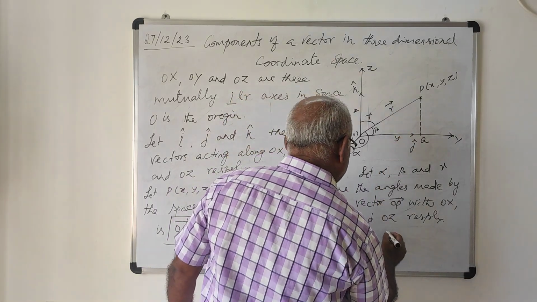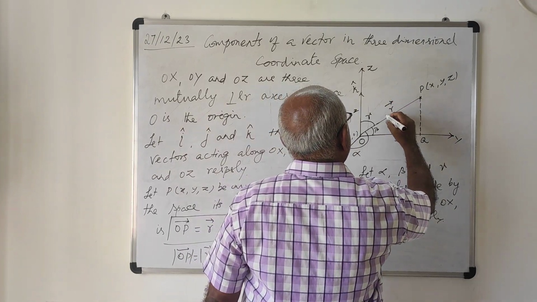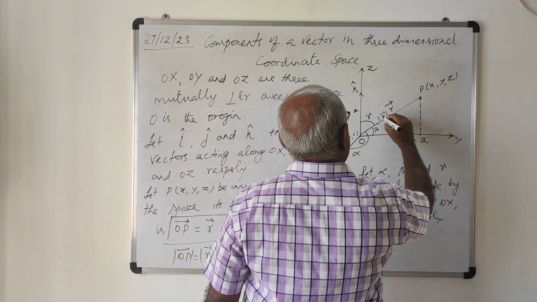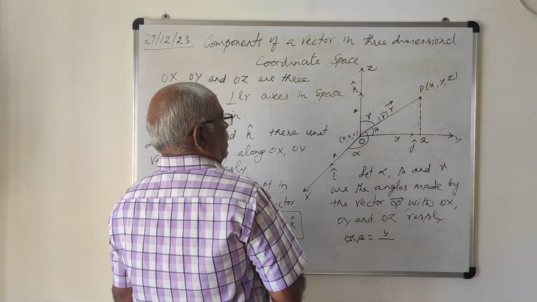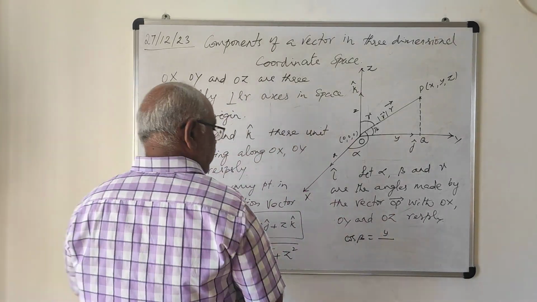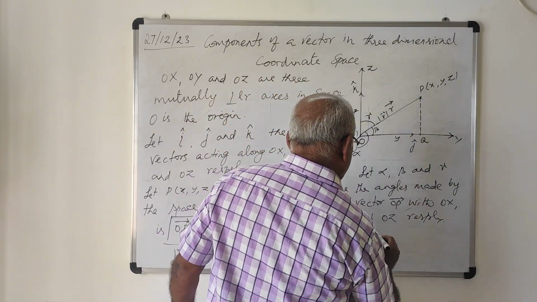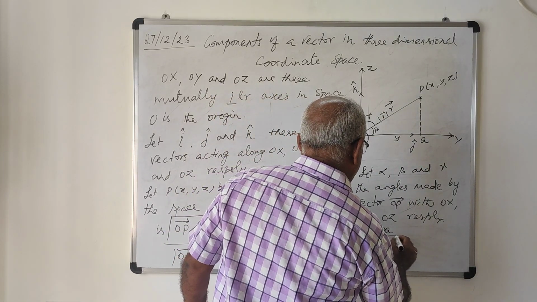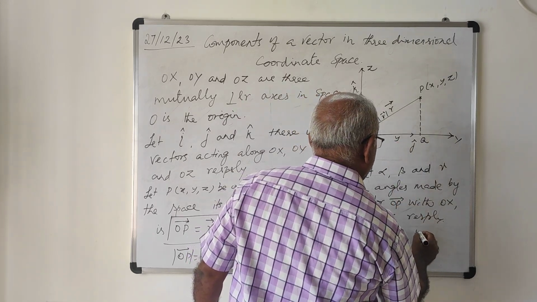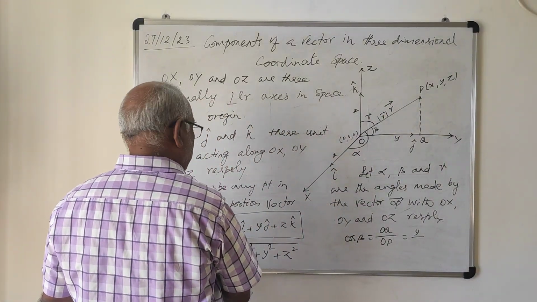So cos beta equals adjacent OQ by hypotenuse OP. Adjacent OQ is y, and the hypotenuse OP is the distance, the modulus of r, small r.